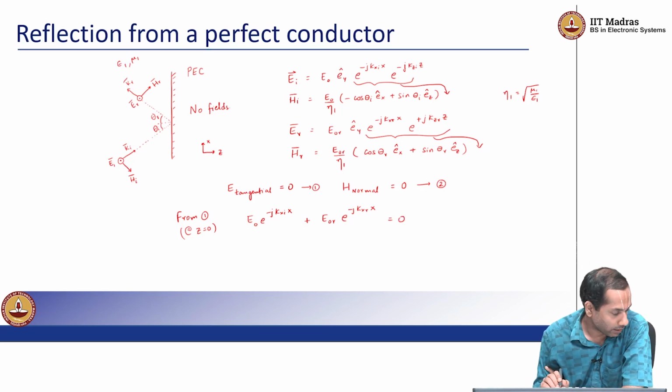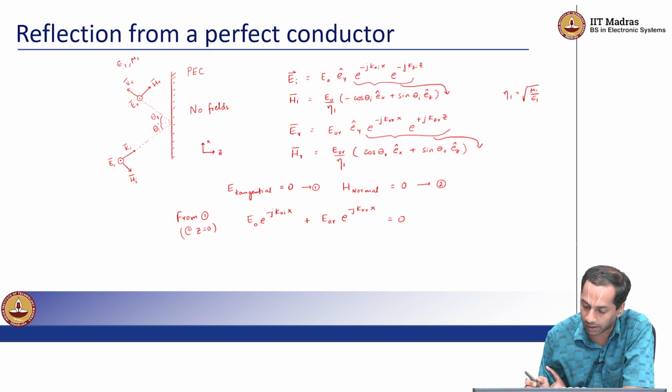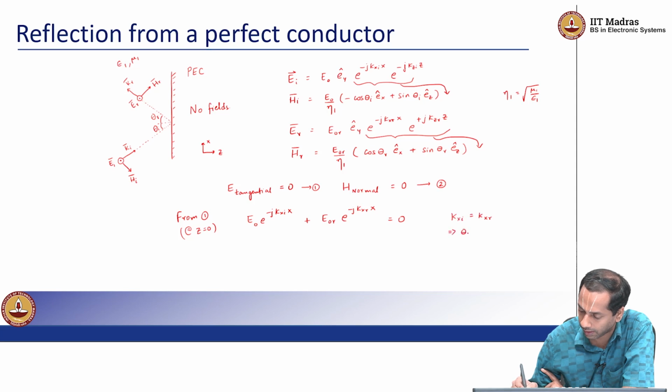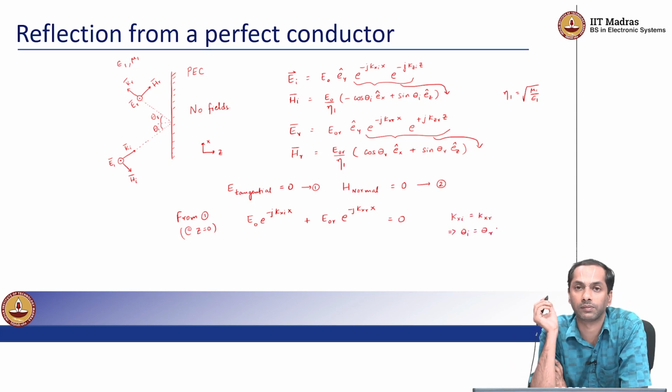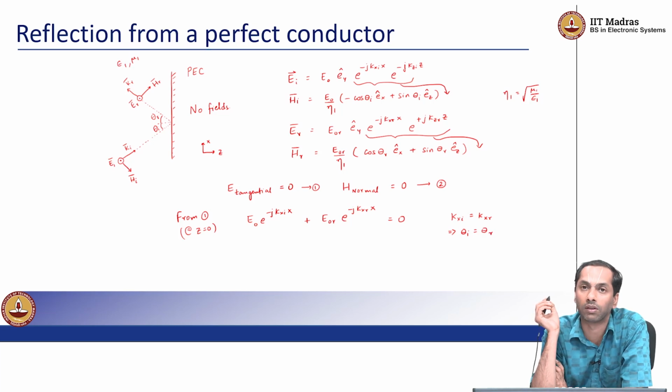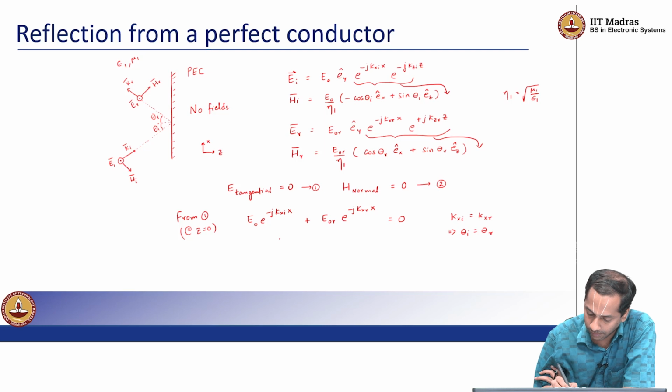We again come up with the same phase matching relation, so kxi has to be kxr, which implies theta i equals theta r, if it is to be satisfied for all x.